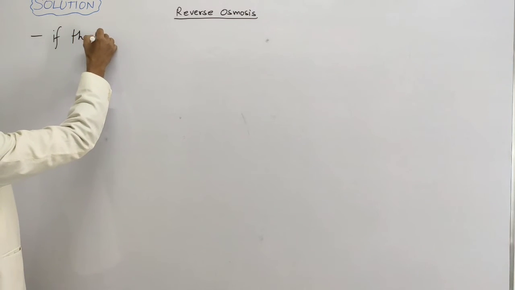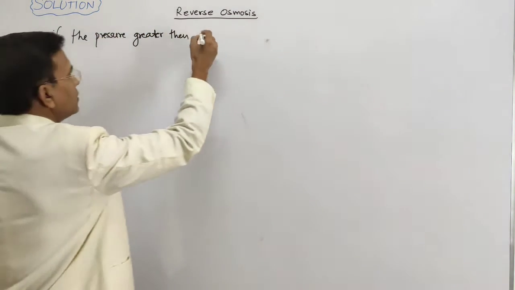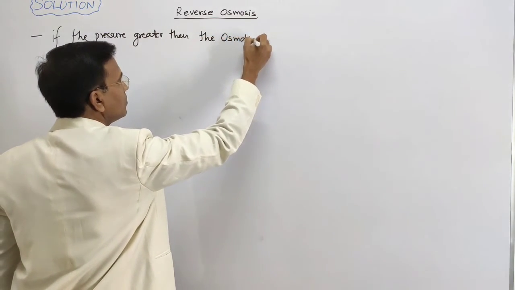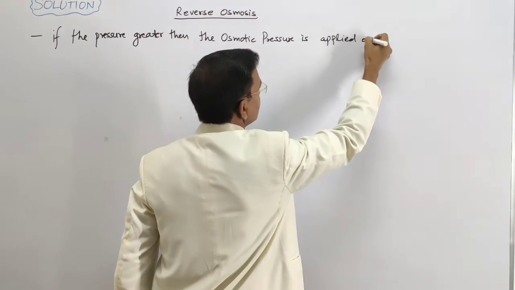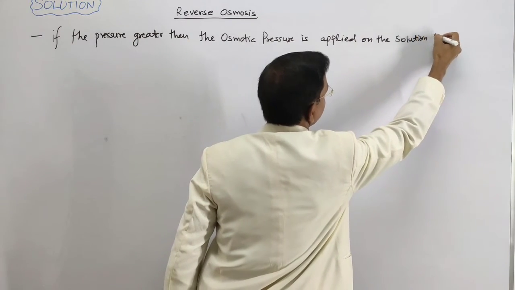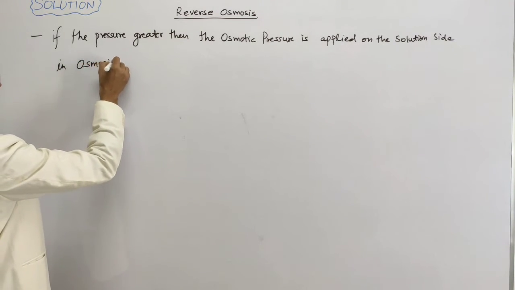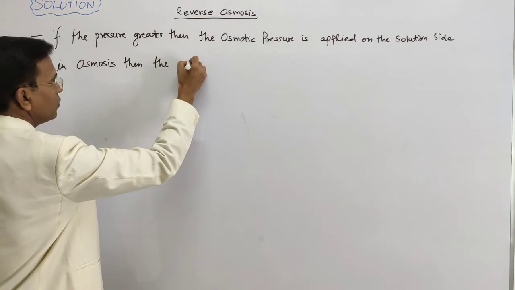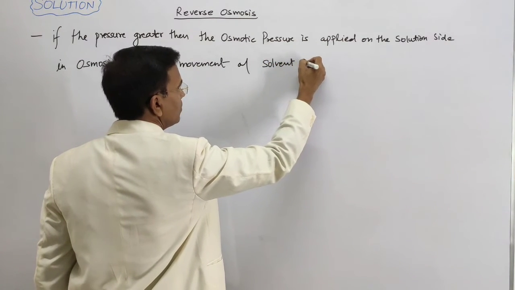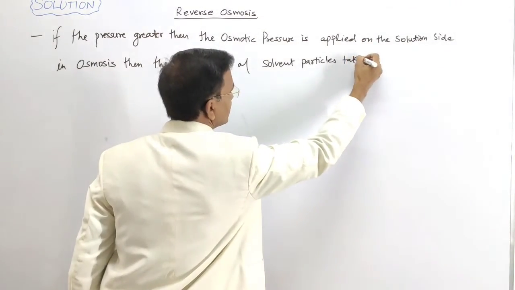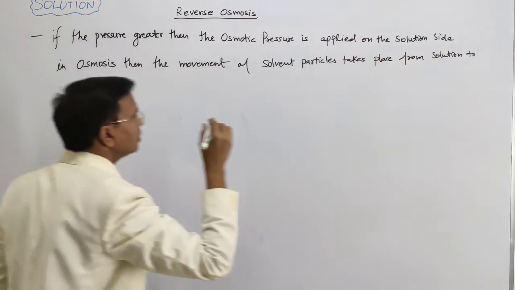If a pressure greater than the osmotic pressure is applied on the solution side, then in osmosis, the migration of solvent particles takes place from solution to solvent.